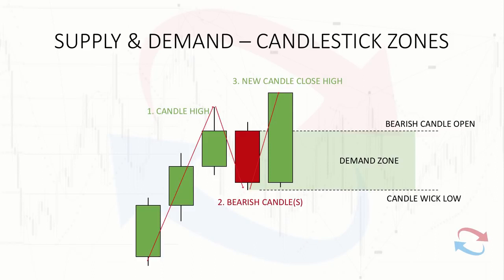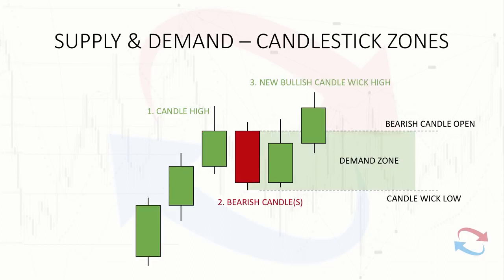When we get this sequence, a bullish, bearish, bullish candle, and the bullish candle makes either a wick high or a close high, we draw a demand zone from the bearish candle's open to the lowest candle wick low, and this becomes our demand zone.